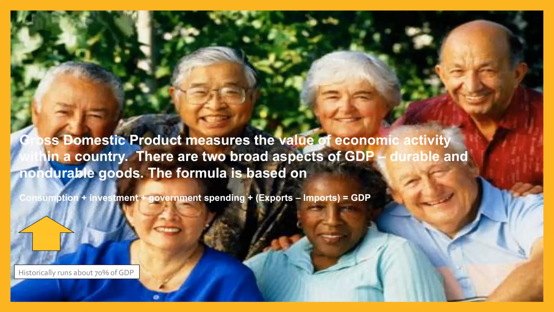So let's talk about the really big issue, GDP. Gross domestic product measures the value of economic activity within a country. Every country, at least unless it's an emerging economy, and even they're still going to have it, has to worry about GDP. China worries about GDP.